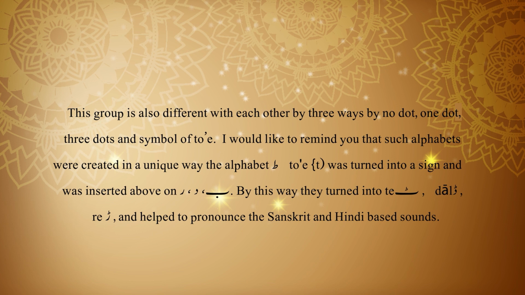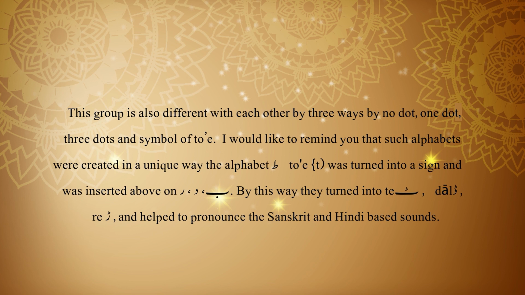Insert this into the shape of a B group, it will become Te. Insert into Dal, because Dal has no dot, so we simply inserted Toy on it. It became Dal, and insert this symbol into Re, it became De. So by this way they turn into Te, Dal, De, and help to pronounce the Sanskrit and Hindi based sounds.